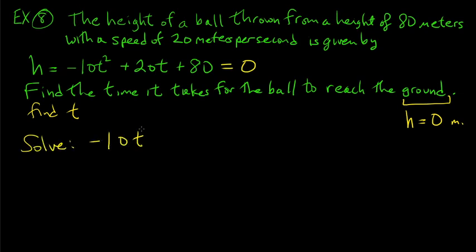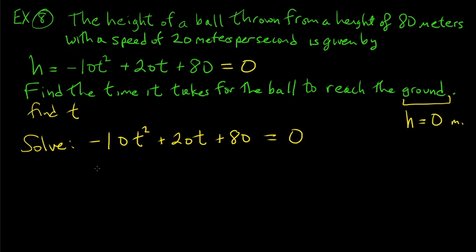Negative 10 t squared plus 20 times t plus 80 equals 0. And again, the nice thing is that it's already in standard form, right, because it equals 0. And it is quadratic. It is t squared, right? So GCF. The GCF is just the negative 10, right?